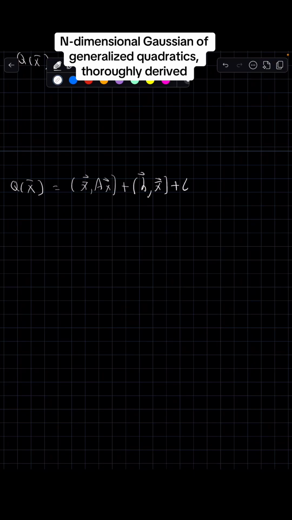And so we know x bar equals minus A inverse b. And so this becomes minus A inverse b, minus x bar, as A inverse A equals I. And remember, A is symmetric.